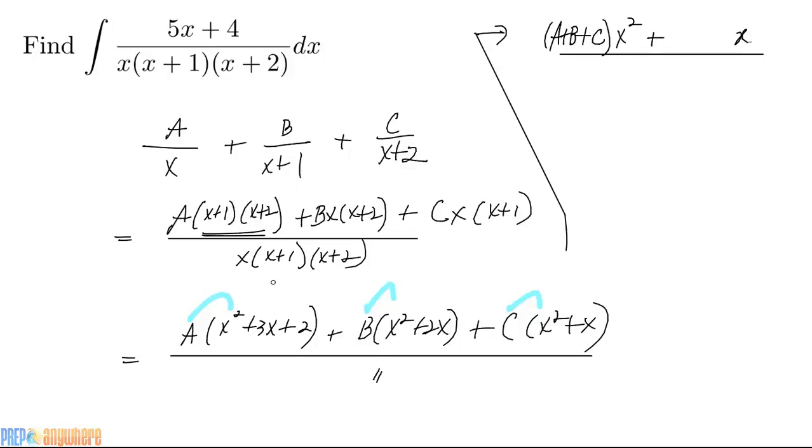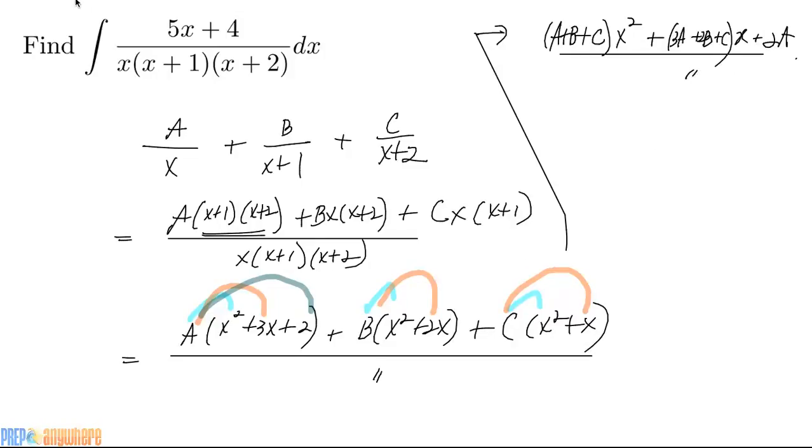We get 3A plus 2B plus C. And lastly, the constant. There's 2A, and that's it. That's nice, 2A. Same thing at the bottom.